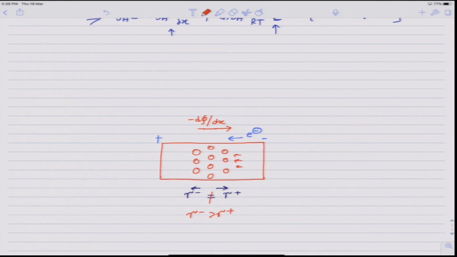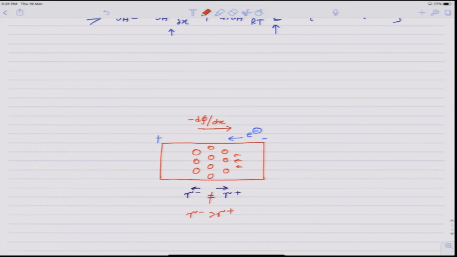Of course, there will be also an effect because of the interactions between the charges, because electrons have negative charge and the ions will have positive or negative charge. But the effect because of momentum transfer from the electron is much more significant, especially in metals.